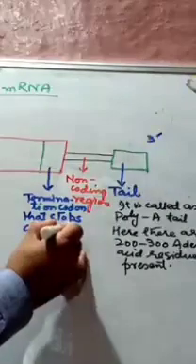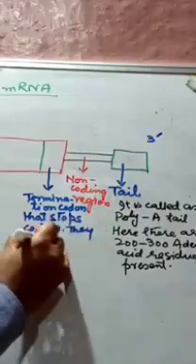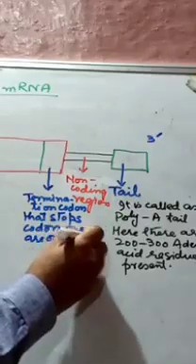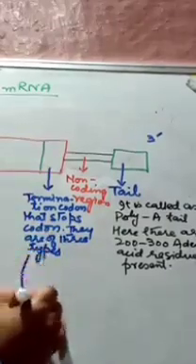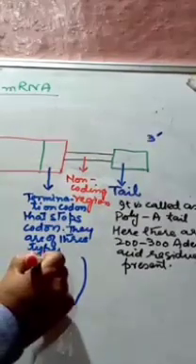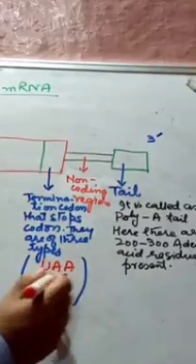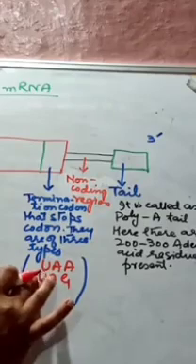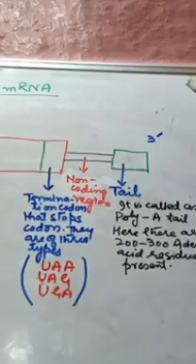They are of 3 types: UAA, UAG, and UGA. These are the 3 codons that stop the translation.